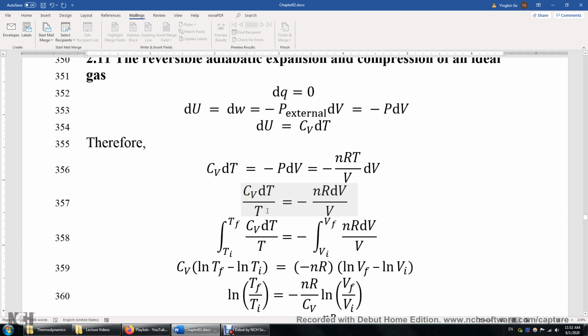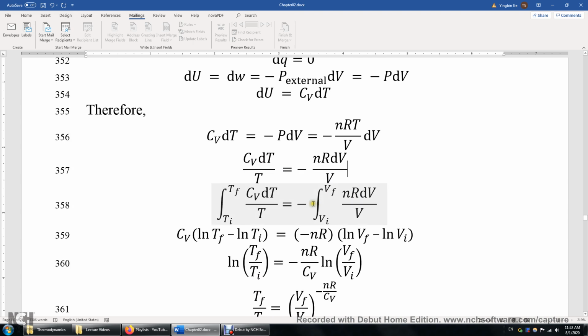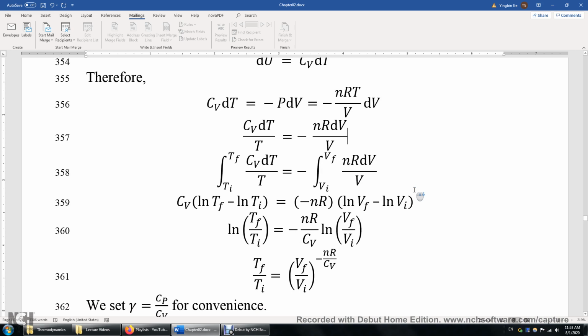CV dT over T is equal to negative nR dV over V. Now we can integrate both sides. On the left-hand side there's only one variable, T, and on the right-hand side there's only one variable, V. Therefore, we get CV ln(Tf over Ti), which equals negative nR times (ln Vf minus ln Vi). Now we move the CV to the right-hand side.